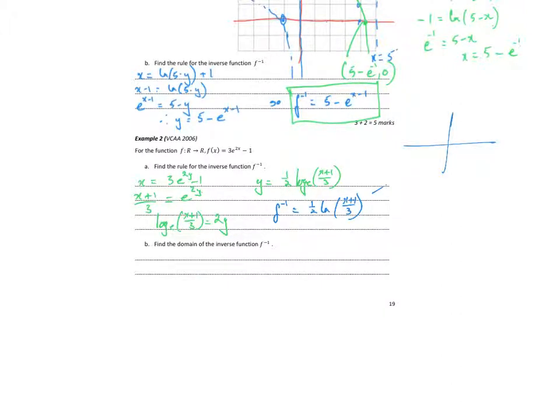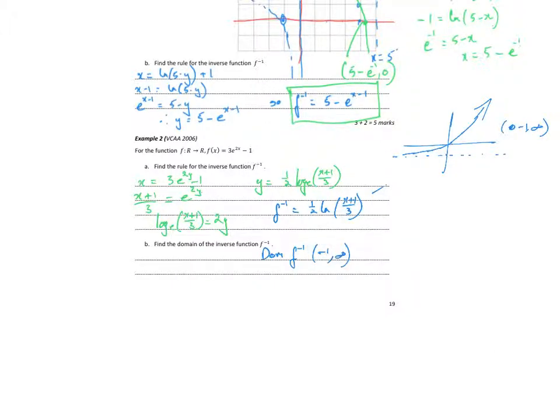So the range of the original, it's an exponential taken down 1 unit, isn't it? And so it's just going to go whoosh. So you can see the range of that is from -1 to infinity. And so that makes the domain of f inverse from -1 to infinity.